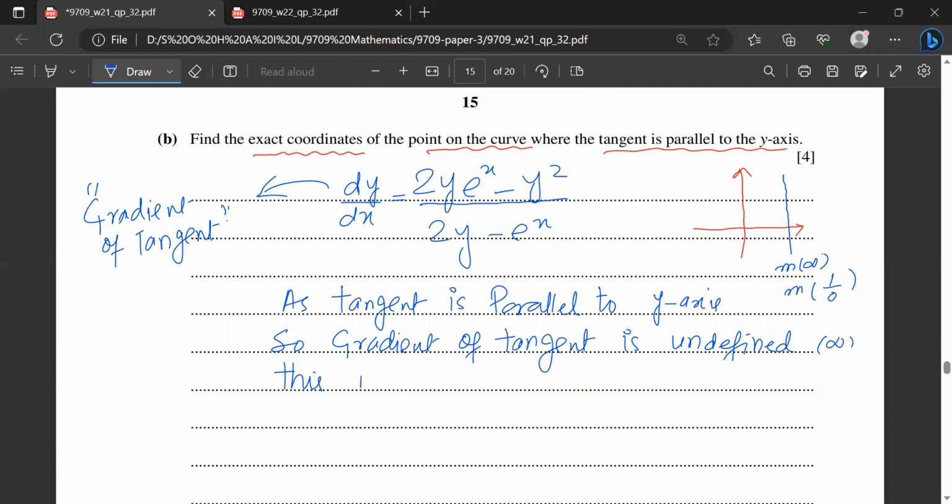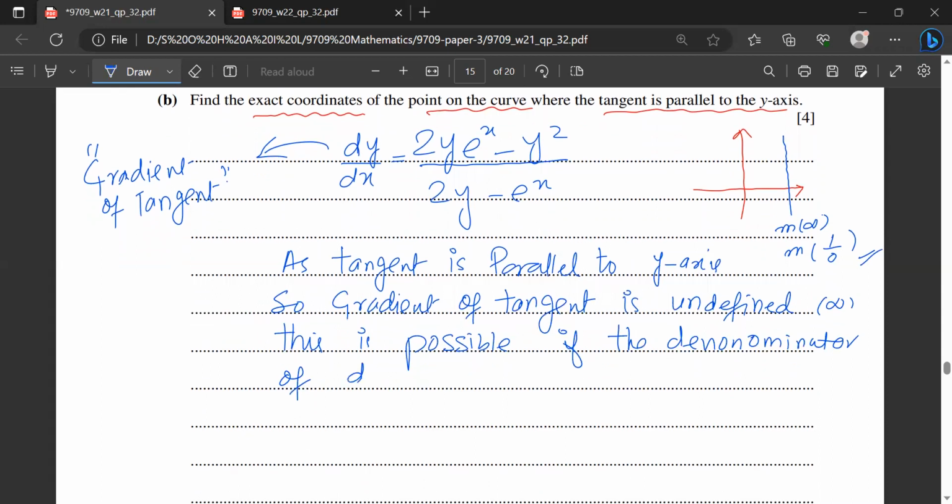So this is possible if the denominator of dy by dx is equal to 0.